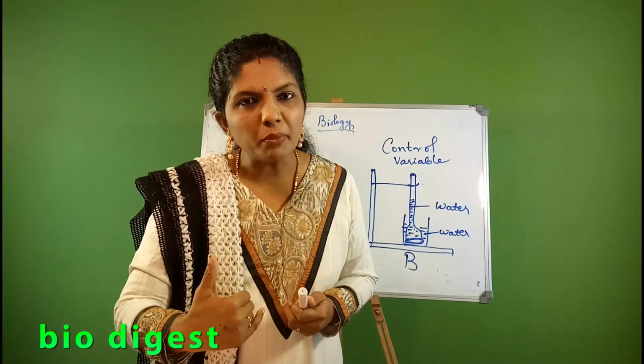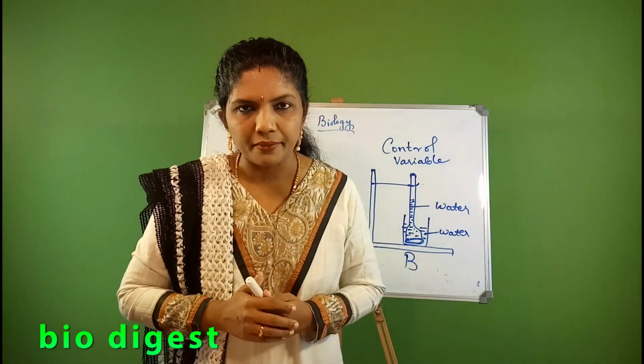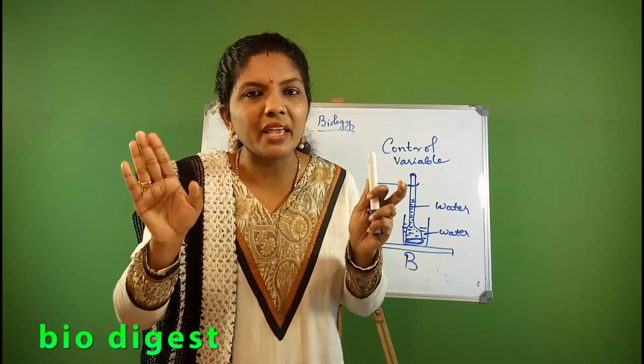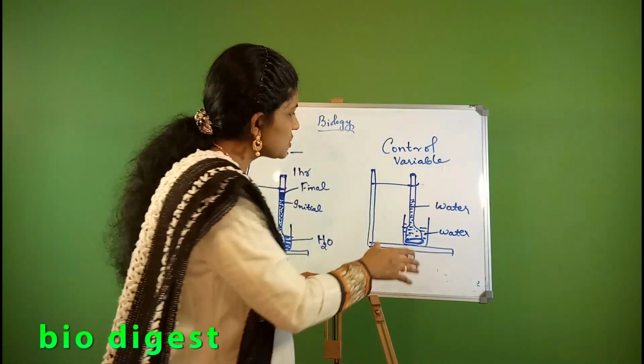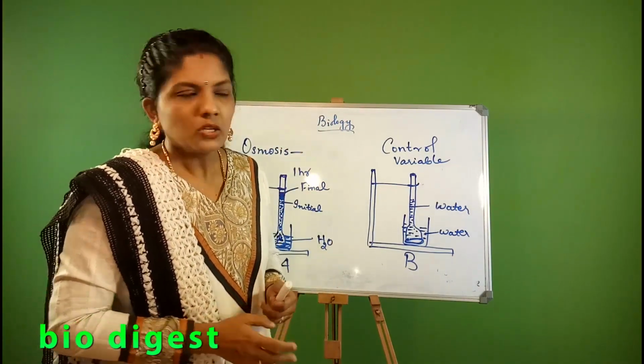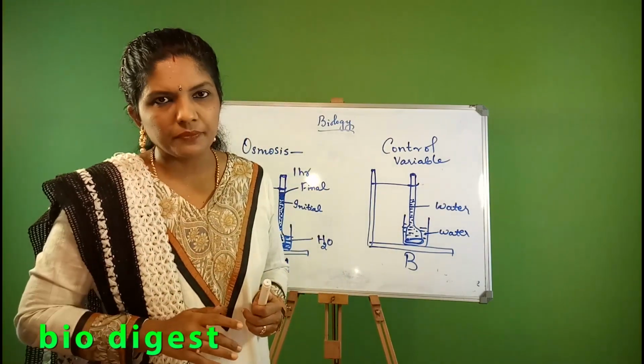So water will not be moving from inside to outside and outside to inside. So that the level of water inside the thistle funnel will remain unchanged. That means no osmosis will be taking place in this particular case. So this is what is known as a controlled experimental setup.